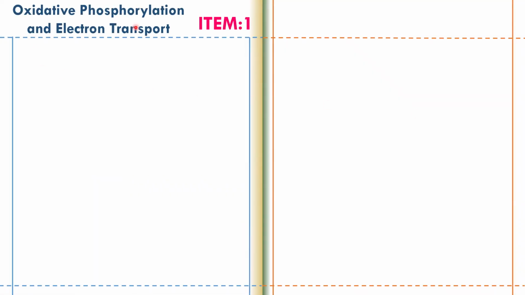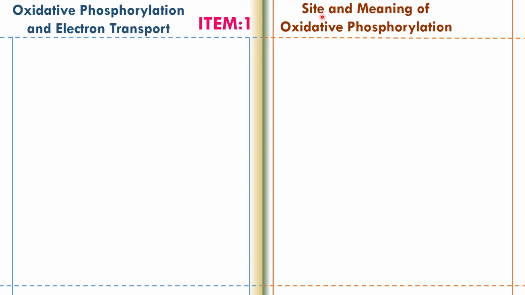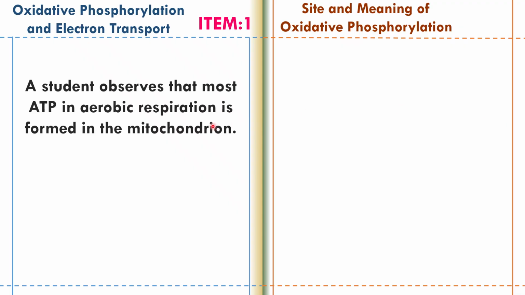Oxidative phosphorylation and electron transport, item 1. We shall focus on the site and the meaning of oxidative phosphorylation. A student observes that most of the ATP in aerobic respiration is formed in the mitochondrion.